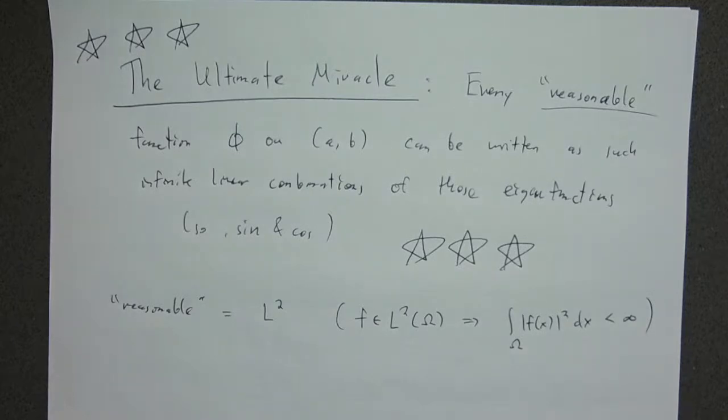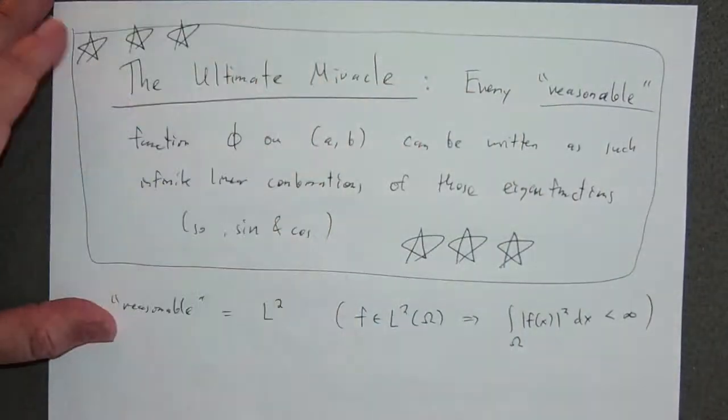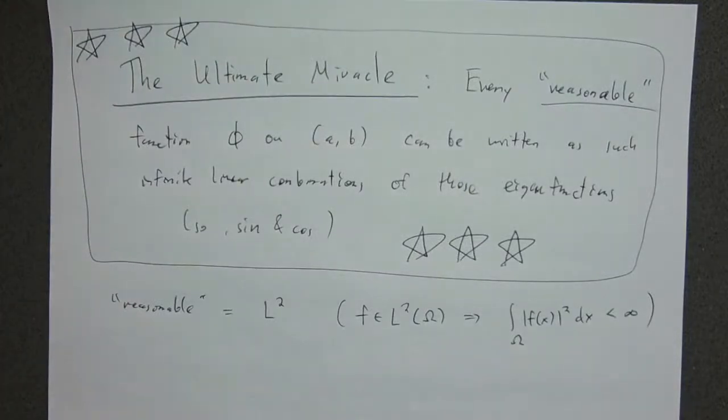But for a ridiculously huge class of functions, this can be made to work, and it's pretty amazing. It truly is a miracle, because this whole time we had to make the assumption that our function could be expressed as this linear combination, when there's absolutely no reason a priori why that would be the case. But indeed, it is the case for reasonable functions.